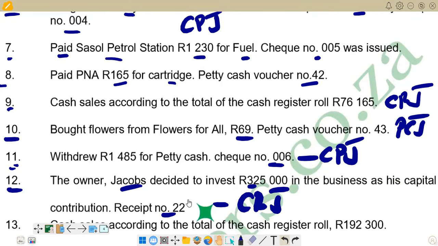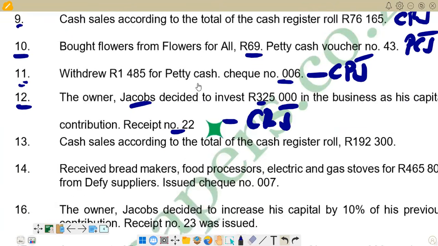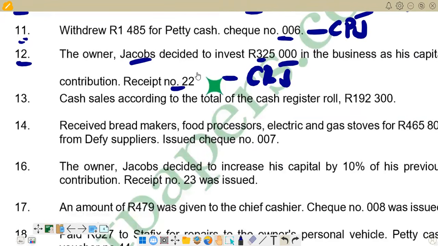Right, here we have the owner, so we go to the next one, which is 18. It reads: cash sales according to the total of the cash register row, 192,300.